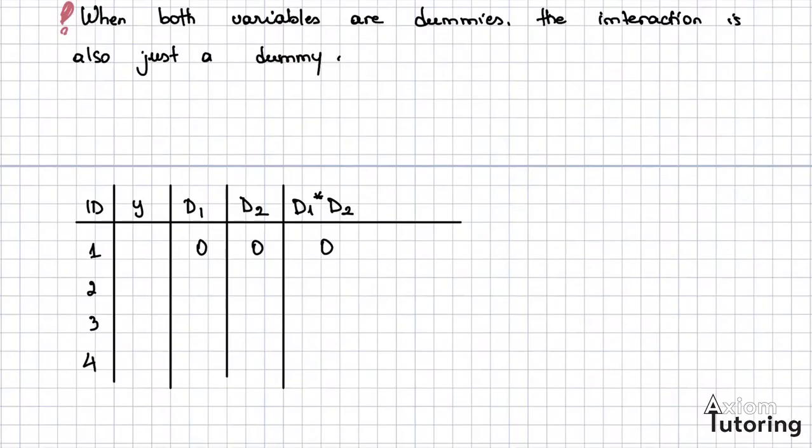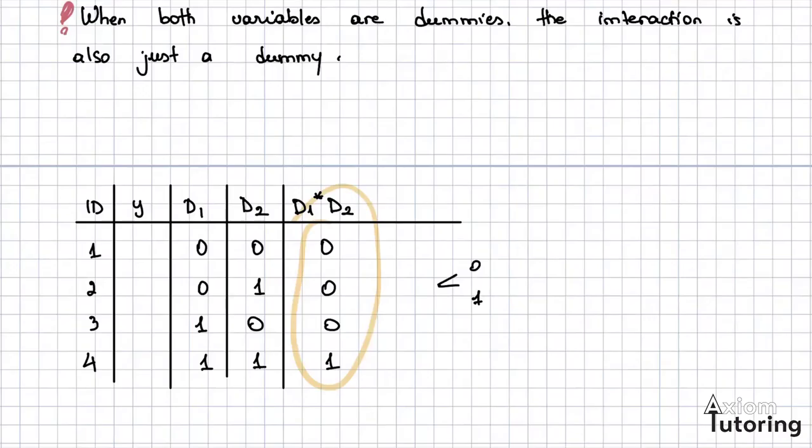For the second person, if let's say this is 0 and 1, then the multiplication is still a 0. If for person 3, this is 1 while this is 0, then this is all the same 0. But for person 4, if you've got both 1s in here, then this is 1. So as you can see, this interaction variable that you have created also contains either a 0 or a 1. So it's also a dummy variable per se.